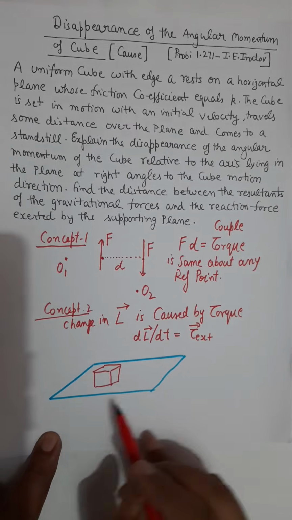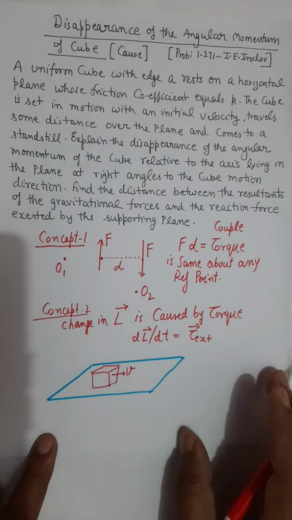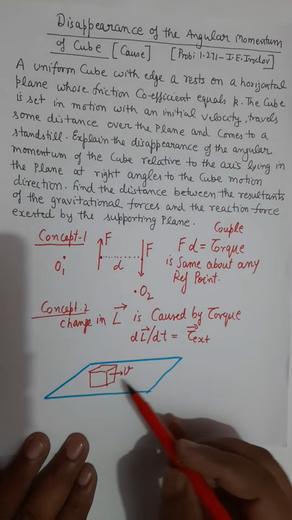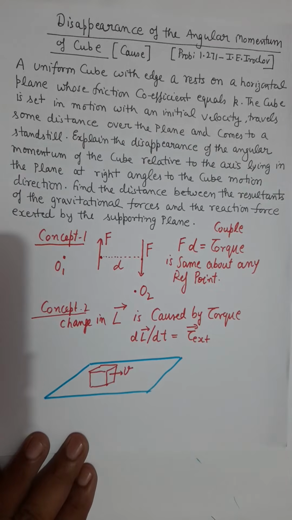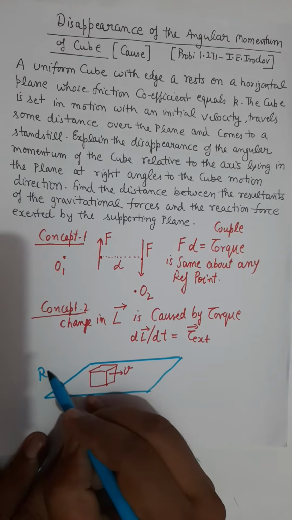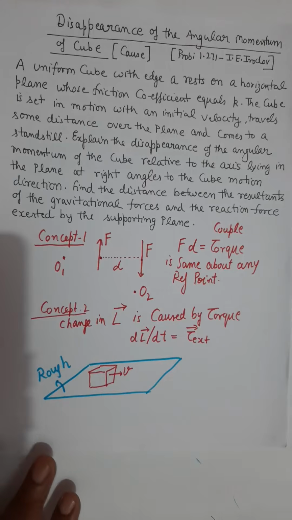Let's say this is the object which has some velocity v, but this cube will stop after a certain time, right? This cube is going to stop after a certain time, and the reason for slowing down is the friction on this surface. Since it is a rough surface, the cube will definitely stop after a certain distance. We can find that distance, we can find the time, we can find everything.